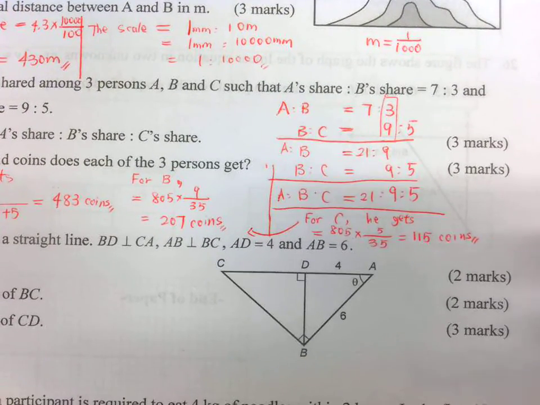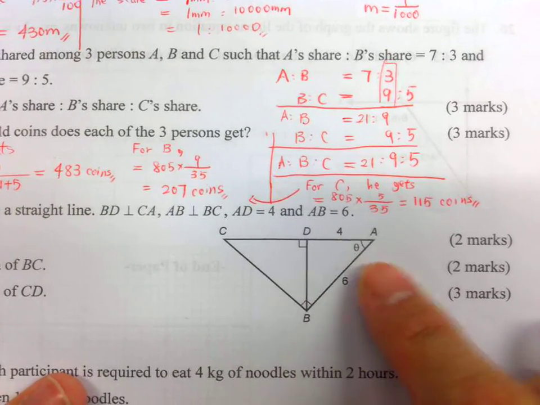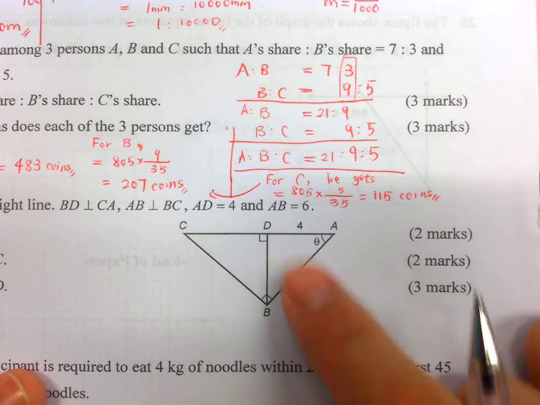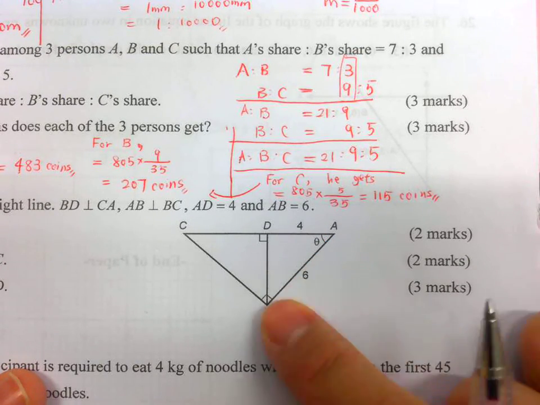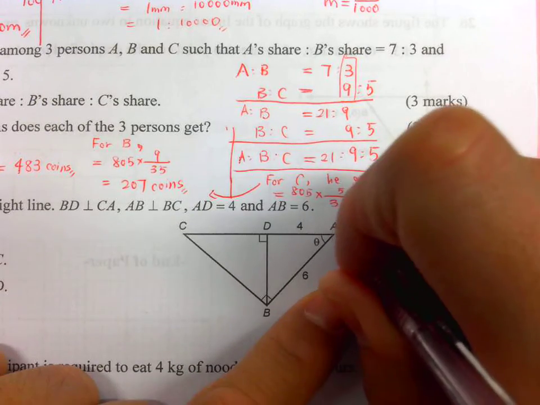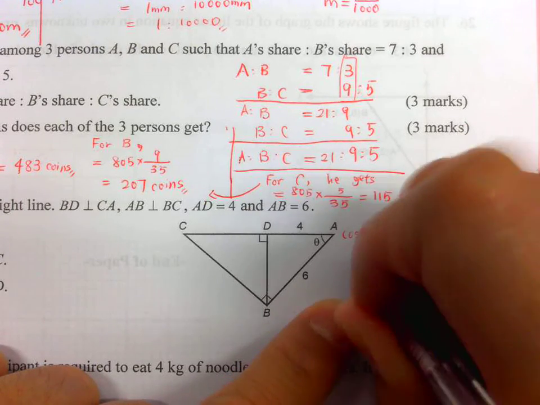Okay, and then for this one, you're going to find out theta, which means now you have the adjacent side and the hypotenuse. This is the hypotenuse. Therefore, you're not going to use sine, you're going to use cosine. You have cosine theta equals 4 over 6.